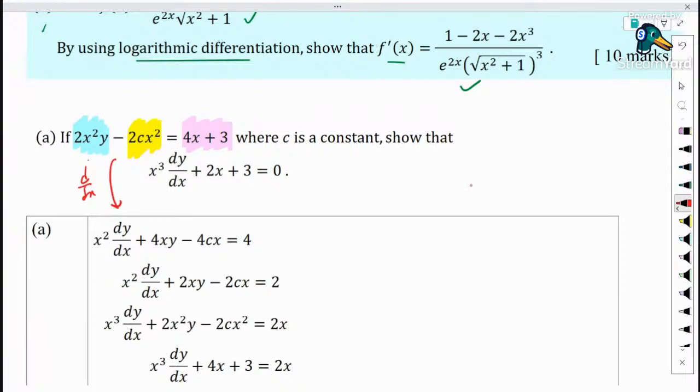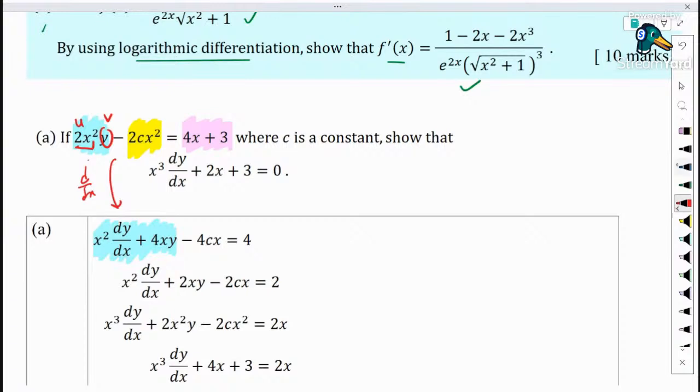I find out that for the part in blue, it needs to go through the product rule to get the result as follows, where we have u, v. Let me check back. I think there is a miscalculation here. I suppose here I have a multiply of 2.